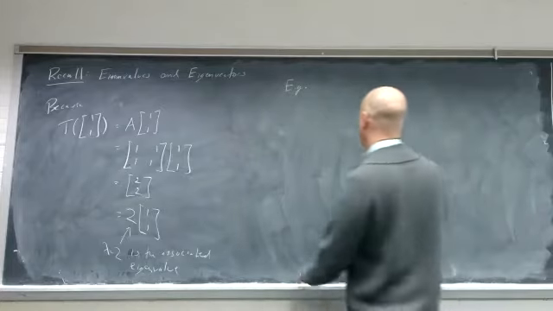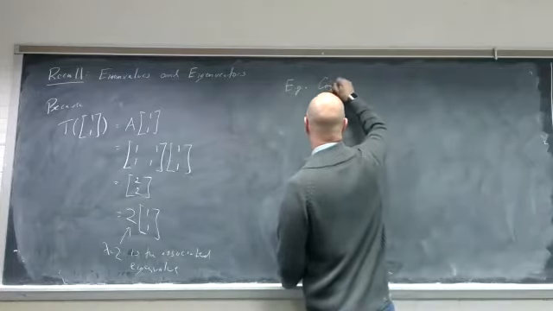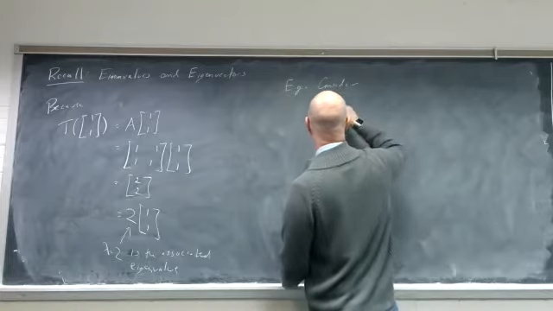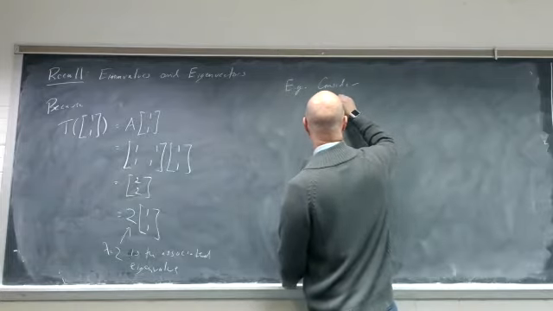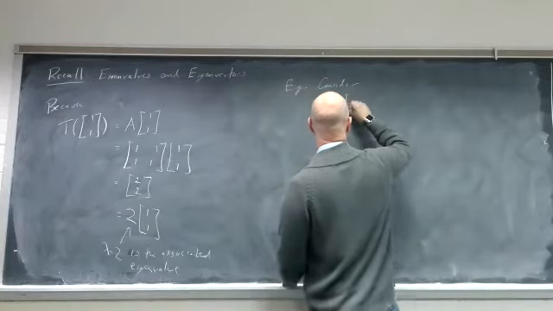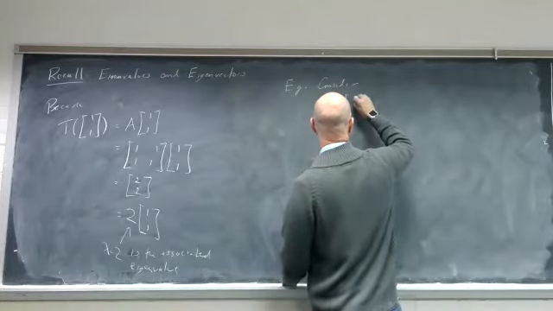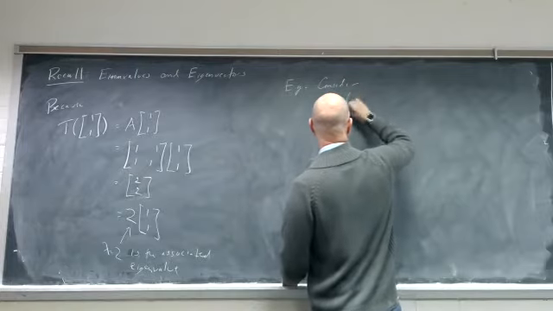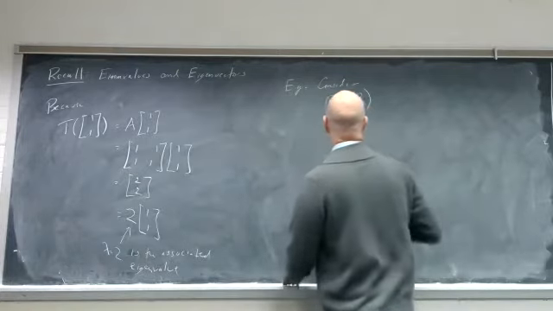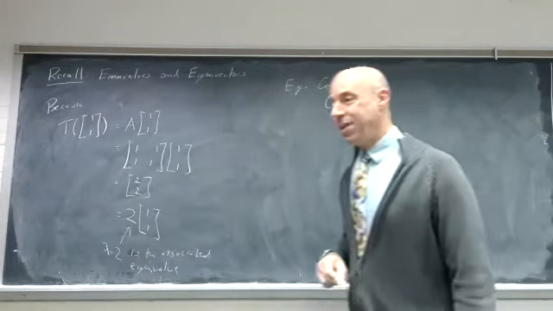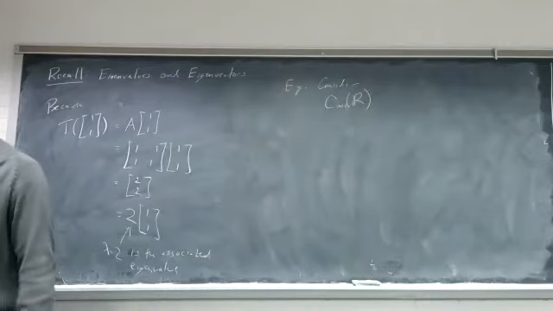Consider the following vector space. It's called C infinity of R. You should know what that means; I'm about to explain what it means.